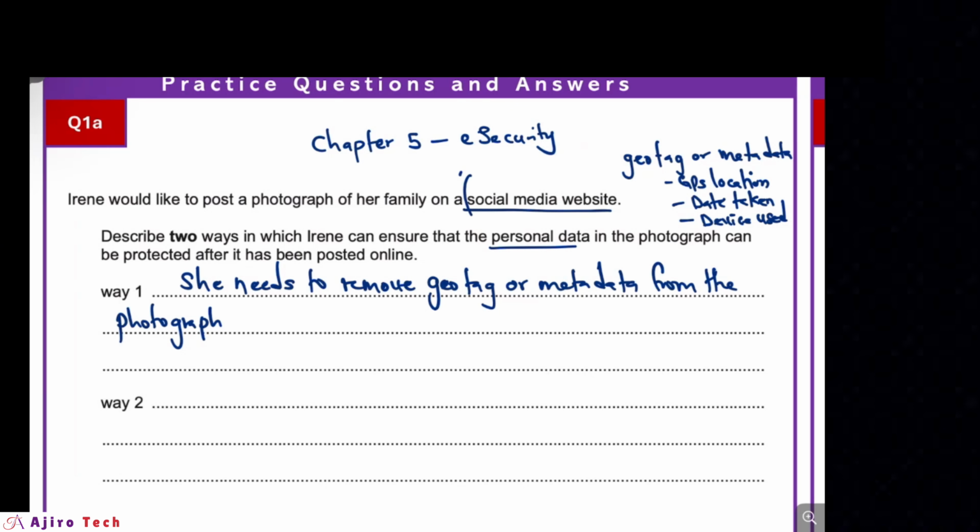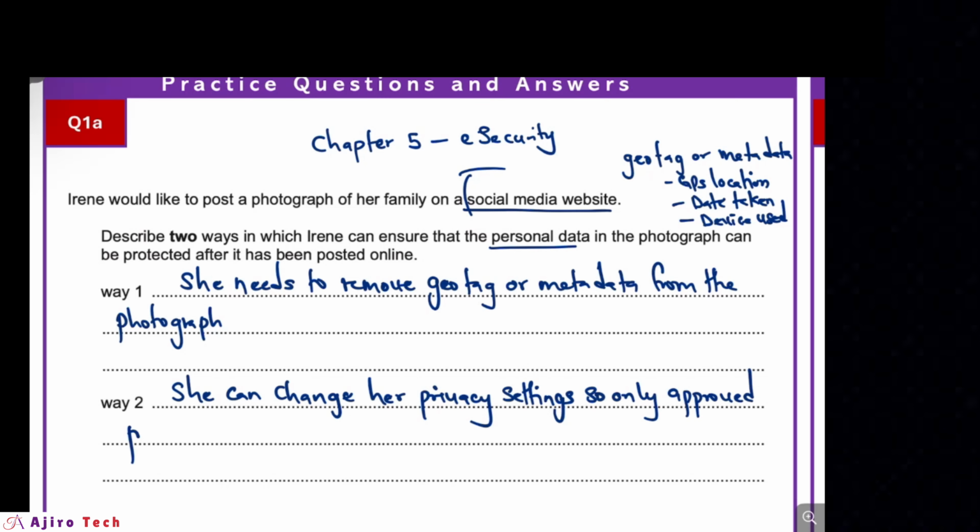She's posting on social media, so she can change her privacy settings, so that only approved people can view the photograph, instead of making the photo public.